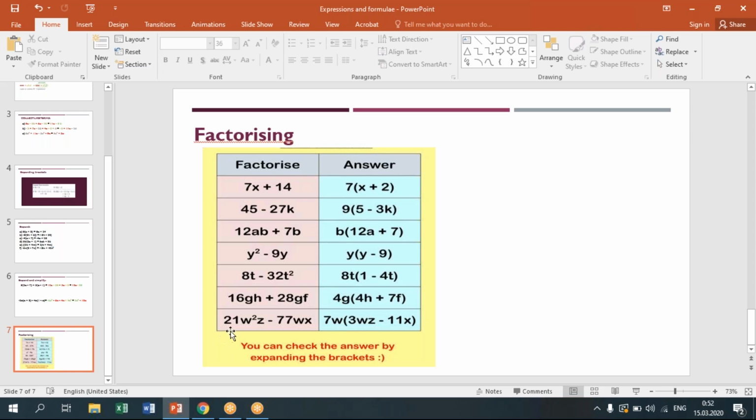Next one. 21w squared z minus 77wx. 21 and 77. Both of them are divisible, and their highest factor is 7. That's why 7 before the bracket. w, z, w, x. So the common letter is w. I write it before the bracket.